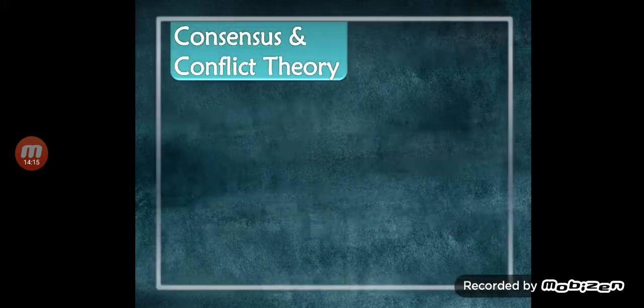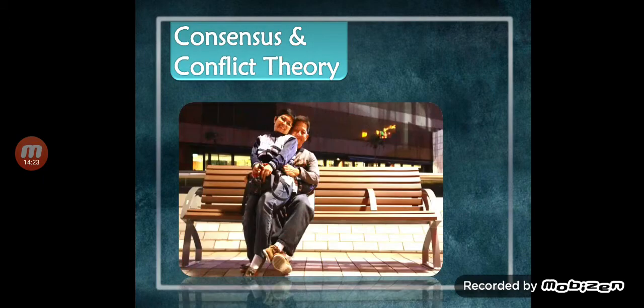Okay? Now look at this picture. A simple picture that will show you the consensus and conflict theory. If you try to look at the picture, it has a consensus. Why? Because it seems that they understand one another, and simply they are very close. Even you yourself, you've got your friends, you've got your family, you've got your loved ones.